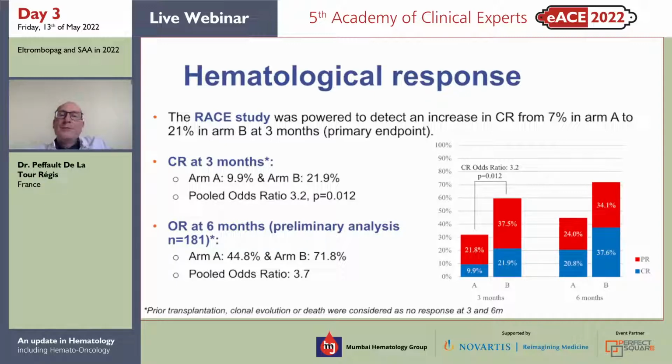In terms of overall response at 6 months, you can see that it was about 45% in arm A and 72% in arm B. Again, there was almost 4 times higher chance for response in the patients who received eltrombopag plus horse ATG plus cyclosporine. So as I told you before, you could be surprised about this 45% overall response in the standard arm.